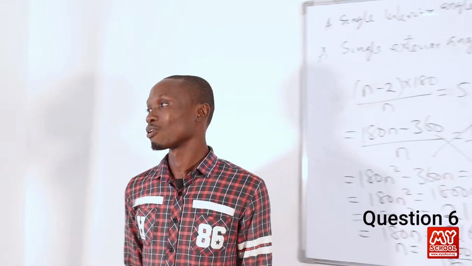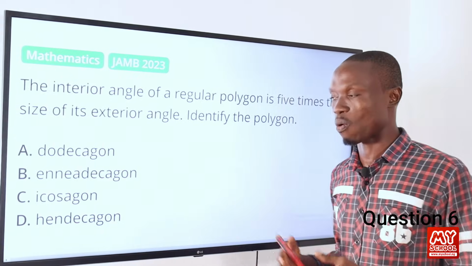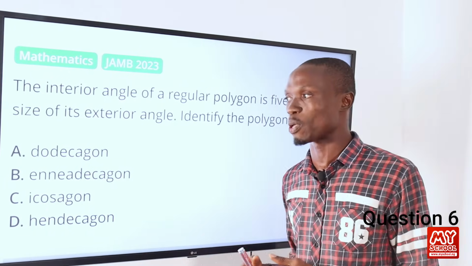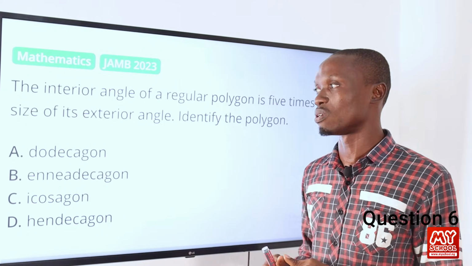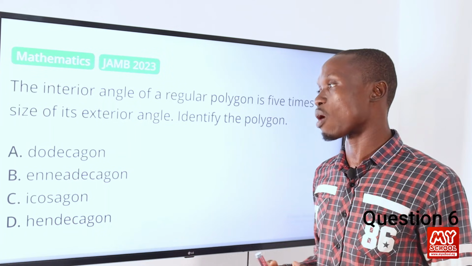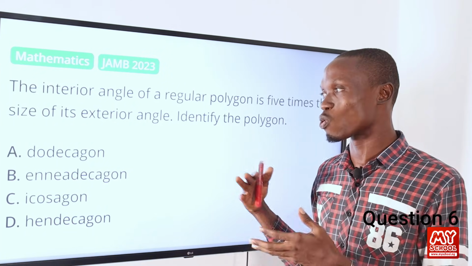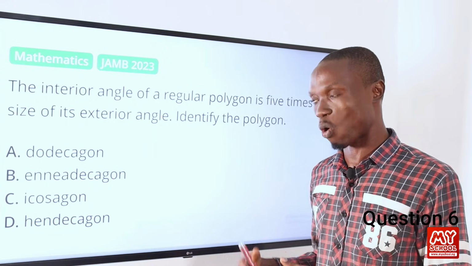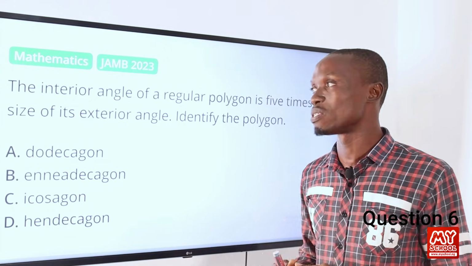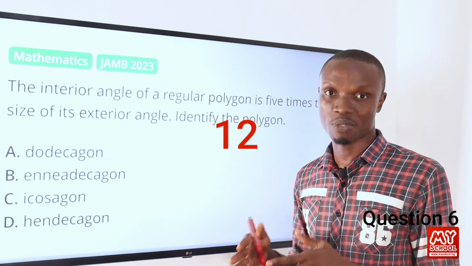So let's move over to the screen to see our answer. It is important to note that the options are not given to us in figures, but in words. So it's important that we understand what each of those words means. The first one we have is dodecagon. Dodecagon simply means a polygon with 12 sides.